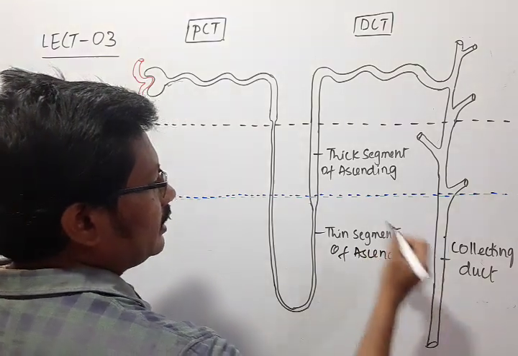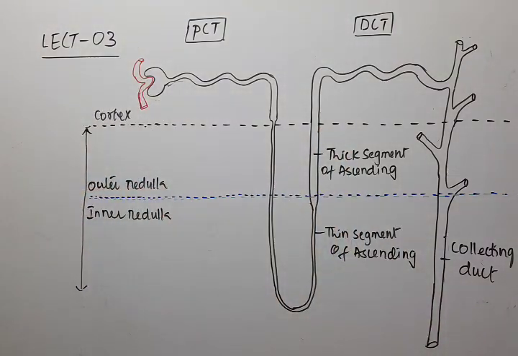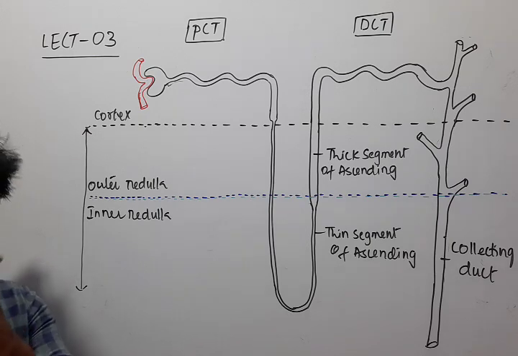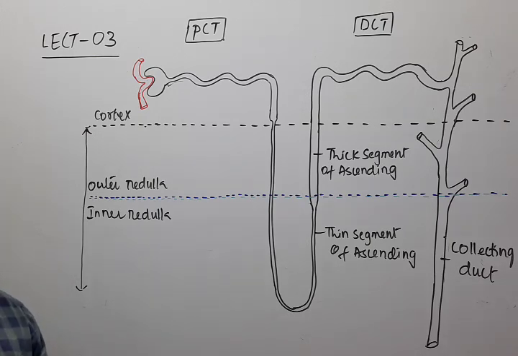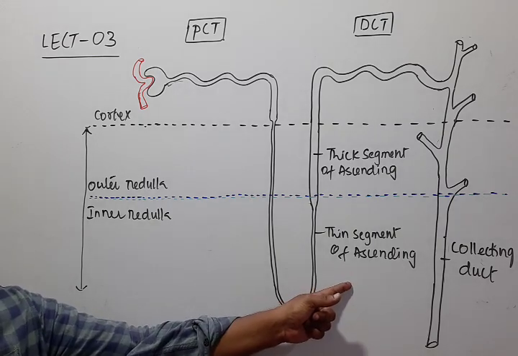I told you that the thick and thin segments are seen only in juxtamedullary nephrons, where the loop of Henle is very long, while in cortical nephrons the Henle's loop is very short and has only the thin segment.